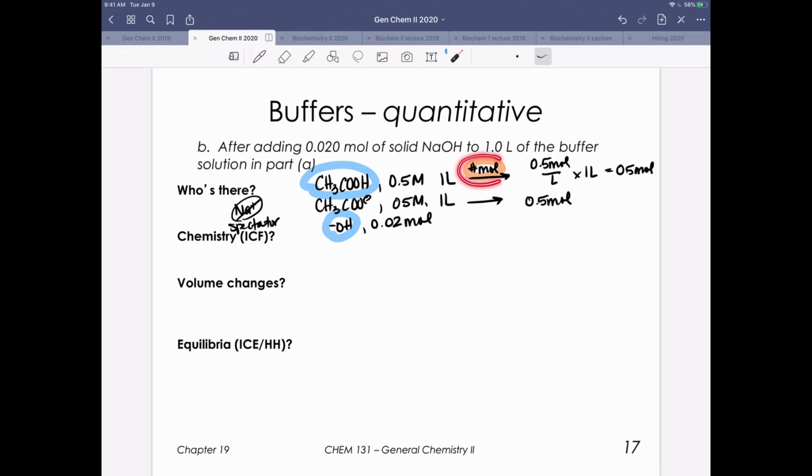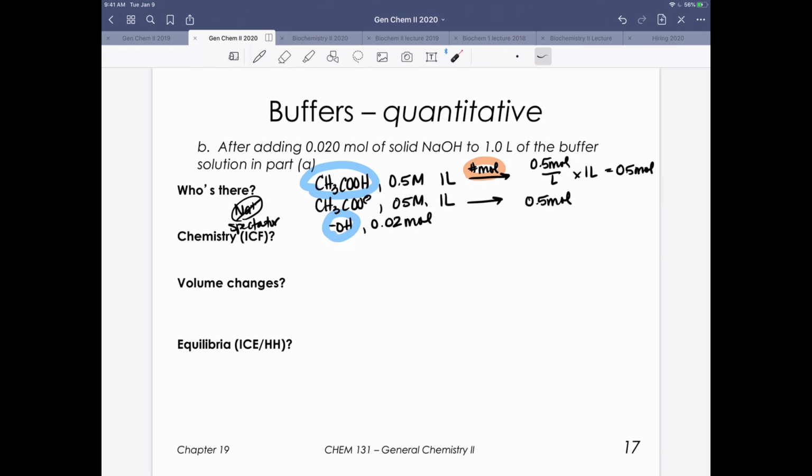If we know how many moles of our weak acid that we have, we can tell how much of that soldier is going to be depleted, how much of that army is going to be depleted by the amount of hydroxide that we add. So we need to use the molarities and the volume here to figure out how many moles of acetic acid we have. This really represents the size of our army.